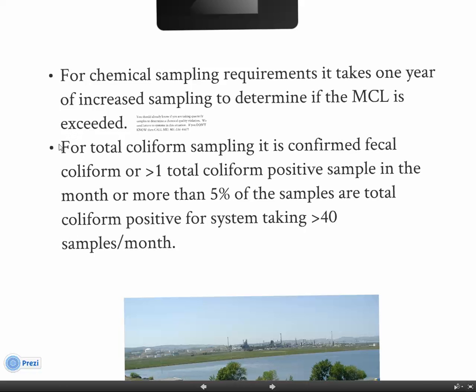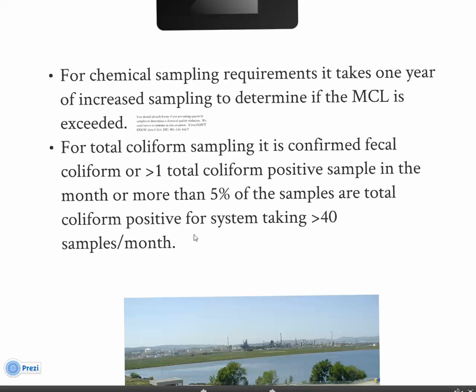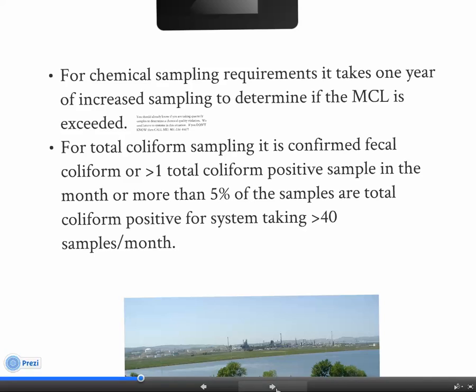So there's this acute, which is this first part right here, and that's 24 hours to notify the public and issue a boil order. And there's the non-acute, which is this second section right here. And the non-acute means that you have 30 days to notify the public, and hopefully you're calling us and working with us, probably the Rural Water Association as well, to try to figure out what's going on in the system to solve the problem.